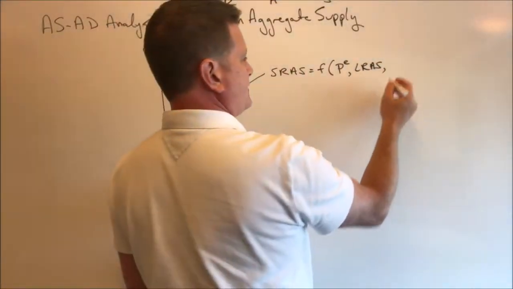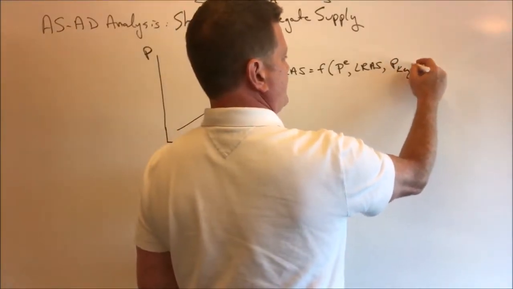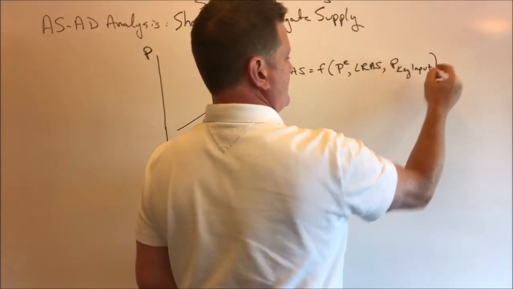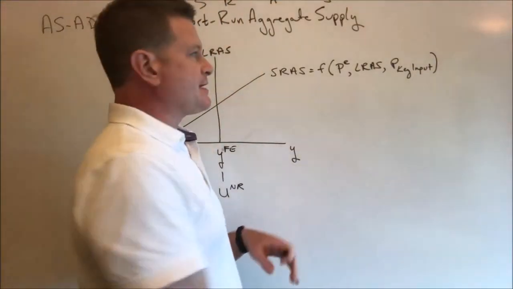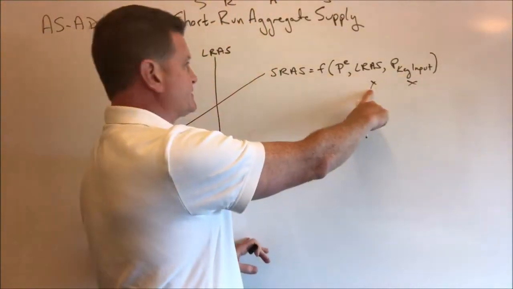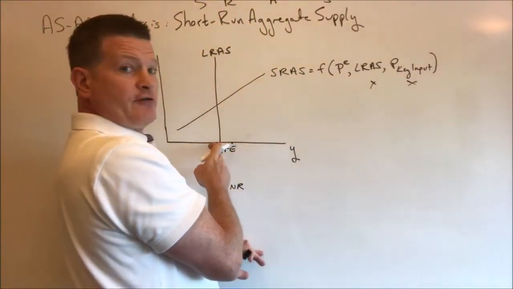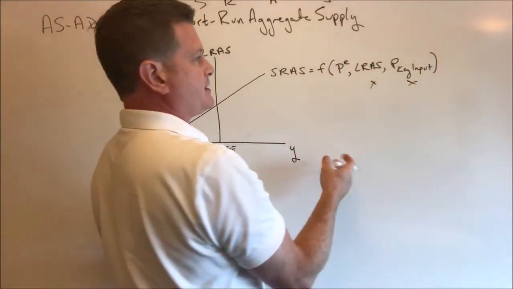And we'll also add to that the price of a key input. Now, most of the time, for my analysis, I ignore these two completely. This one I ignore because we don't usually move this curve, therefore it rarely changes, therefore it's not very important in the analysis.